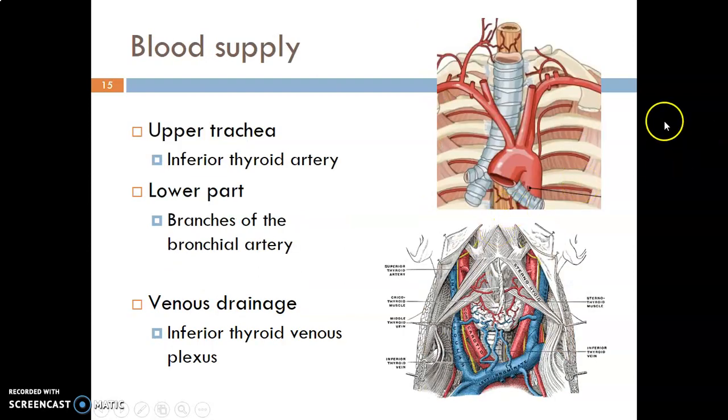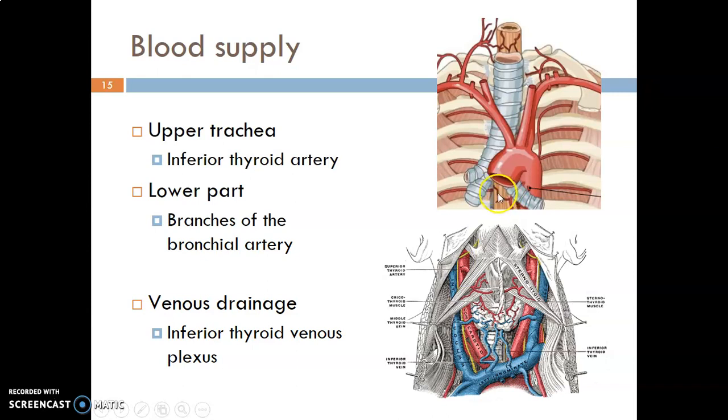What's the blood supply of the trachea? The cervical part of the trachea is supplied by the inferior thyroid artery, which comes from the thyrocervical trunk, from the first part of the subclavian artery. But the thoracic part of the trachea is supplied by branches from the bronchial arteries, which are coming from the thoracic aorta.